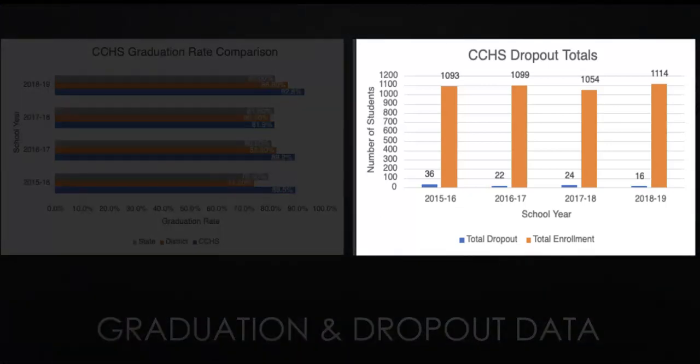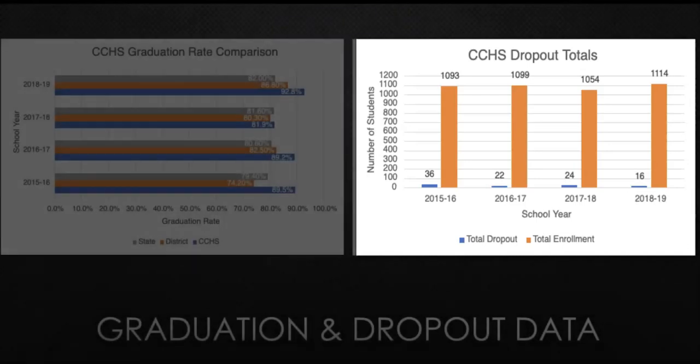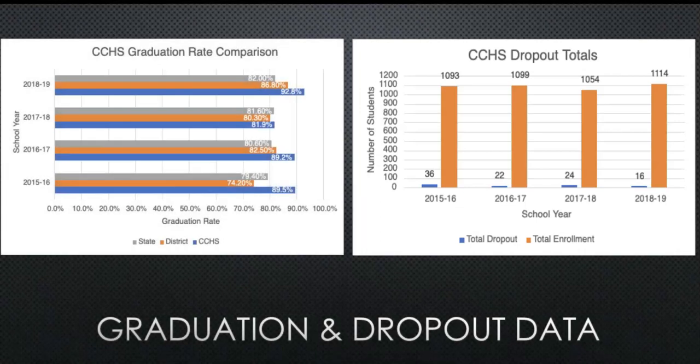On the right, you will see the Coahulla Creek dropout totals. The orange line represents the total number of students, and the blue bar represents the total number of dropouts for that school year. As you can see, the number of dropouts is decreasing throughout the 4-year period.